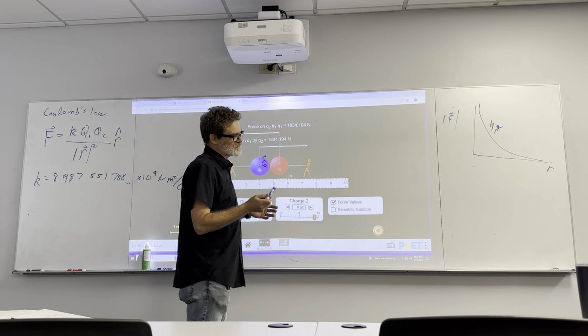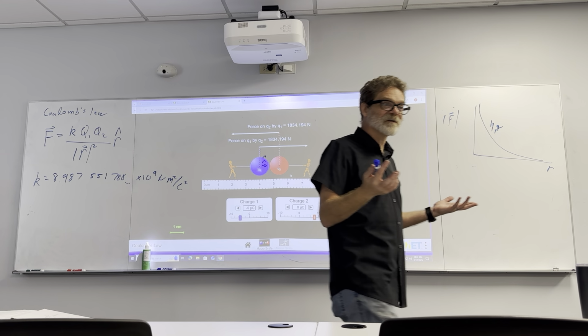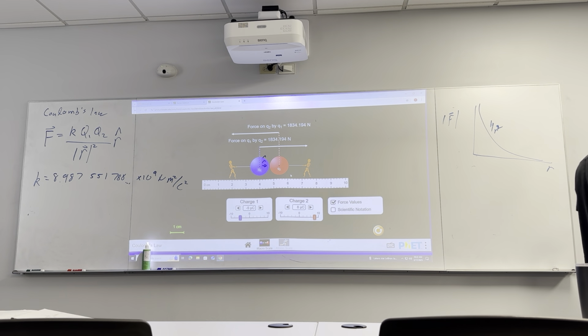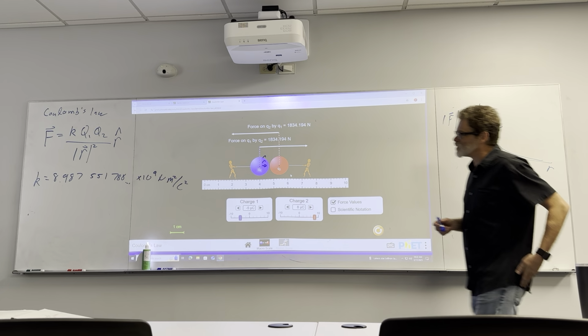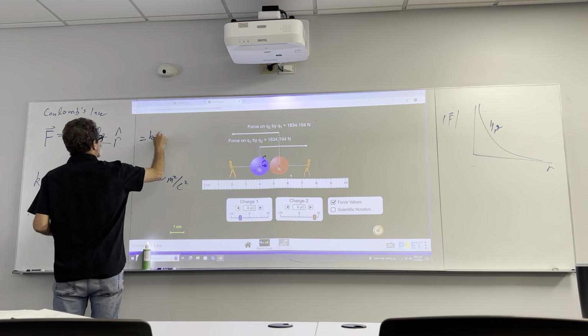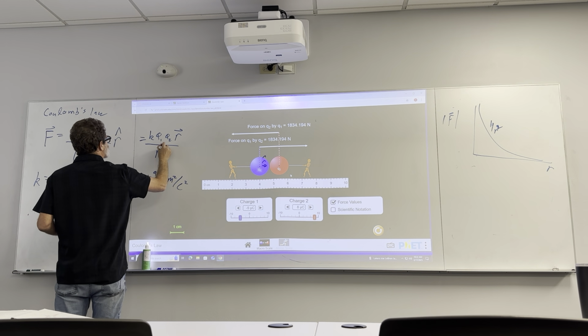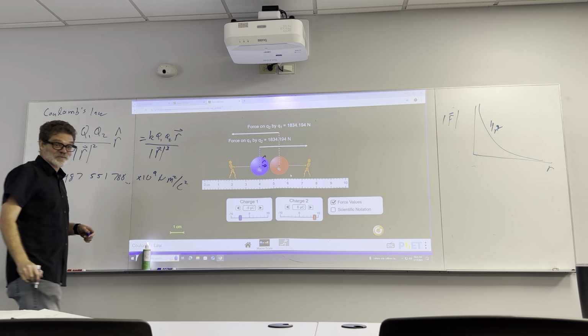I mean, I guess we could try some problems. It's a pretty simple law, but it's kind of messy because there's an r hat, 1 over r squared. Another way to write this law, if you want, is equivalent: k q1 q2 r vector divided by r cubed. That's the same thing, right?